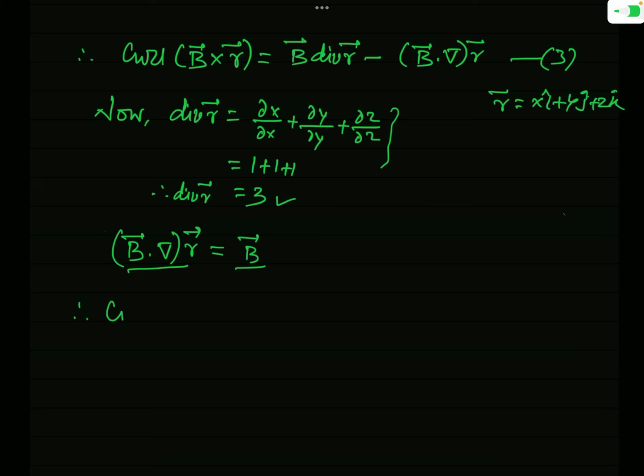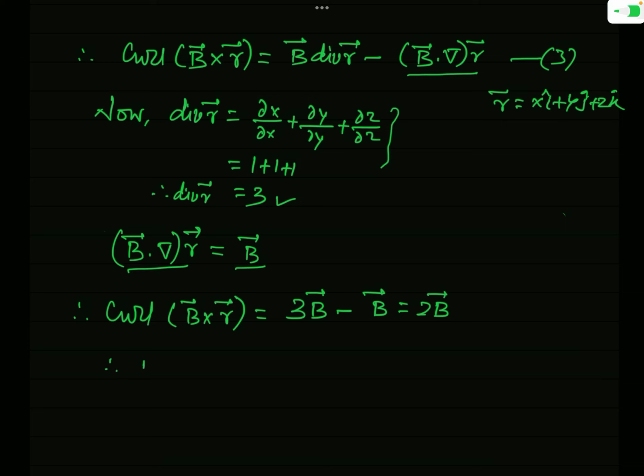So, you can write this curl of B cross R will be what? B divergence of R, but divergence of R is 3, so this is equal to 3B, okay? And minus B dot del R, this is simply equal to B. So this is equal to 2B.